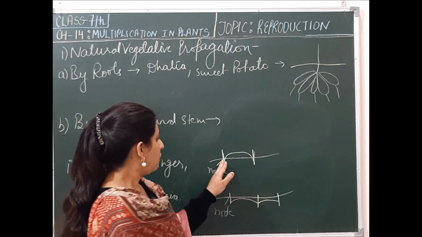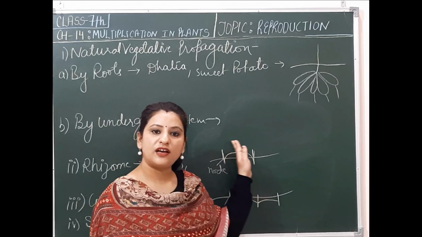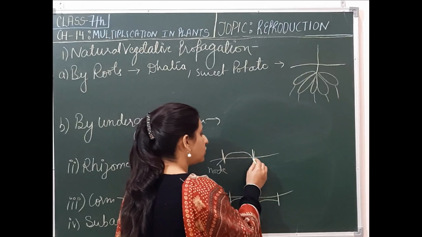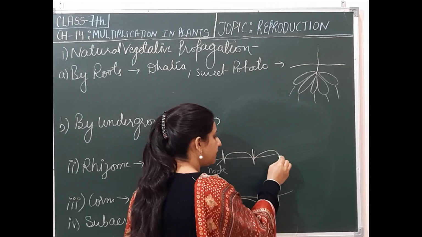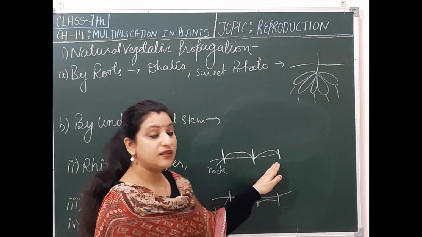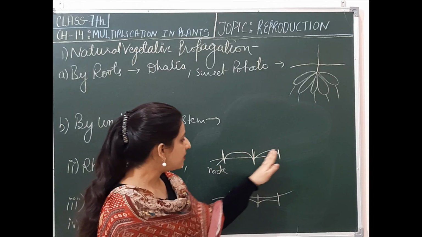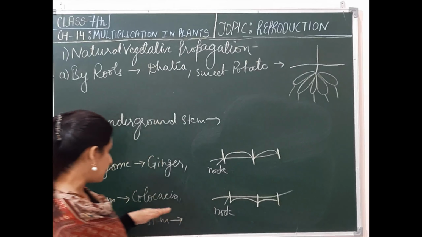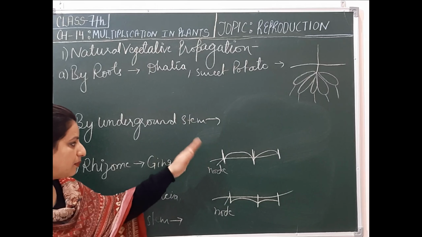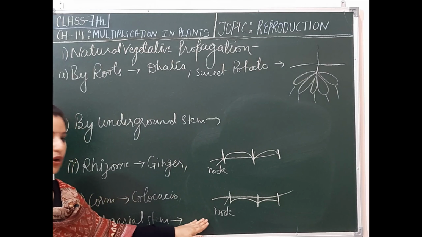So from the nodes the new branch arises and it gets dipped into the soil. Again from the node a new branch arises, it gets dipped into the soil, and develops into a complete stem part. So step by step these subaerial stems will help in growth of the new plantlets, as it may be above the soil or it may be below the soil.